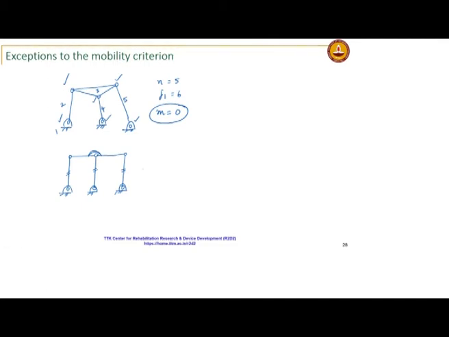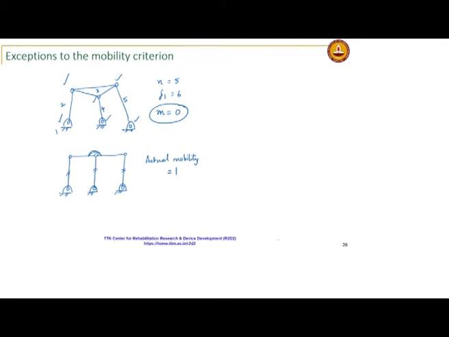The mobility equation still tells me that the mobility of this is 0, but actual mobility equals 1 for this mechanism. Okay.